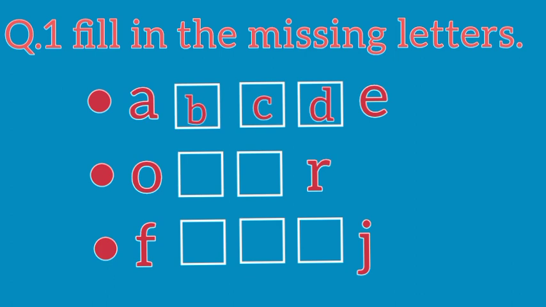Second one, O. Then 2 boxes are given and R. So, which is the letter that comes after O? P. After P comes Q. So, O, P, Q, R. Third one, F. Then 3 empty boxes are given and the letter which is given at the end is J. So which is the letter that comes after F?